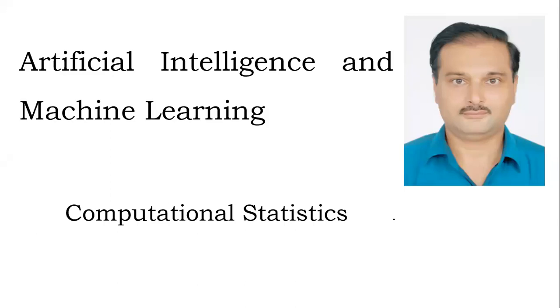Okay. Last time we have seen different measures of central tendency: arithmetic mean, geometric mean, harmonic mean, and also median. Now we are going to see after this, that is, mode.